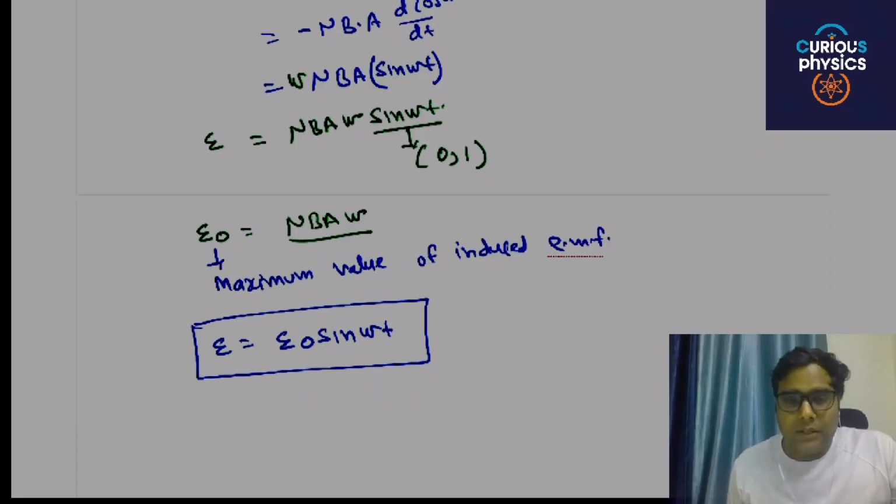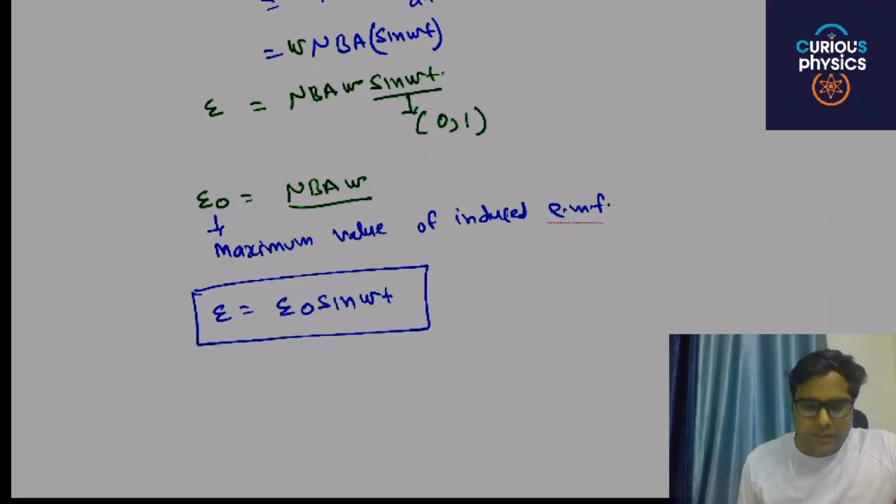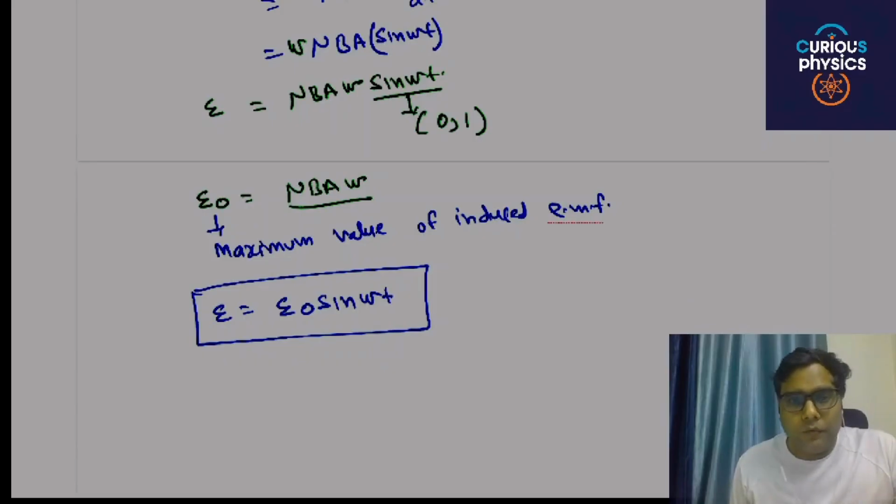So what will be the maximum value? At what angle is there a maximum value of this induced EMF? At 90 degrees, because at 90 degrees sin theta is 1. And where will it be the minimum value? The minimum value will be at 0 degrees or 360 degrees.